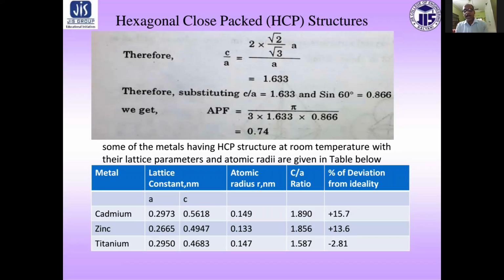So for an ideal hexagonal close packed structure, the C by A ratio will be 1.633.